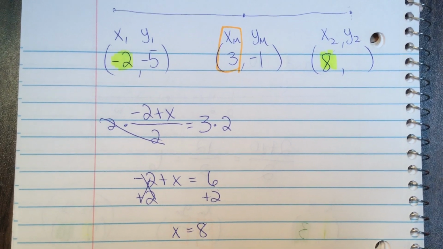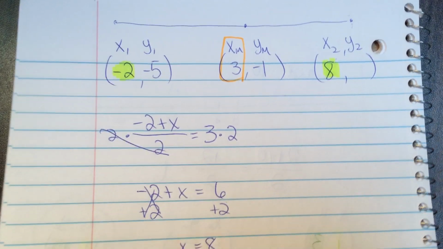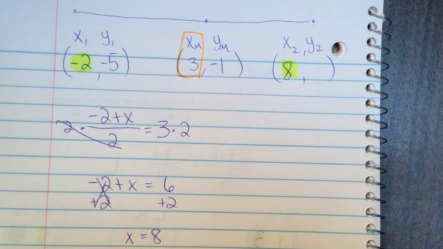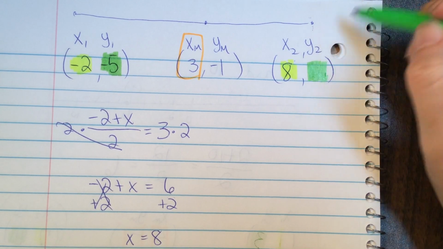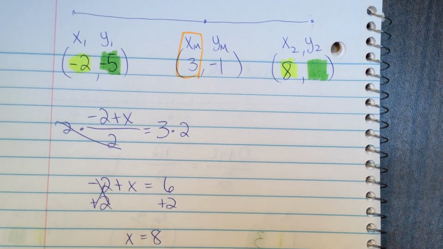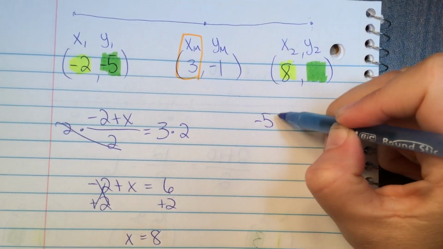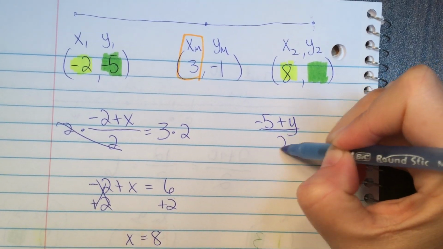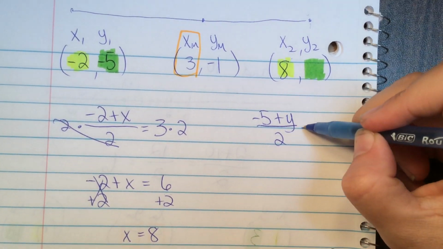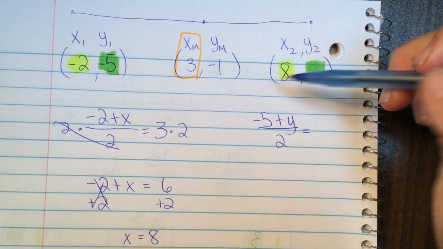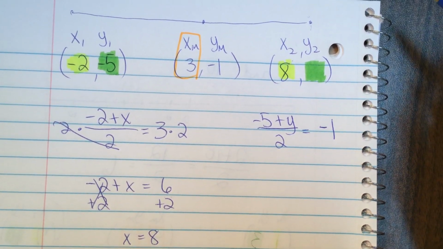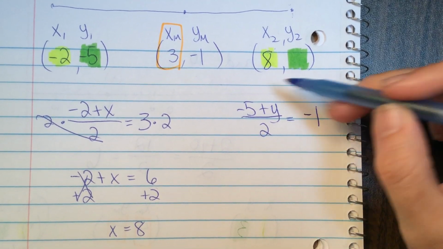So we're going to do it again, and we're going to do it with the y's. So I'm going to add -5 and this number, even though I don't know what it is. And I'm dividing it by 2, and that's going to equal this -1 right here, my midpoint for my y's. And now I'm just going to solve this equation.